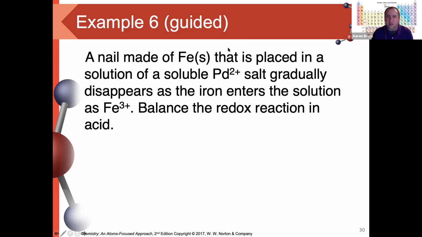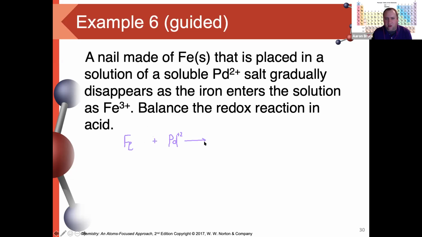Well, the first thing that we would do is we would set up that skeleton net ionic reaction. I've got iron in the solid phase reacting with palladium. And I know that it's palladium 2+.